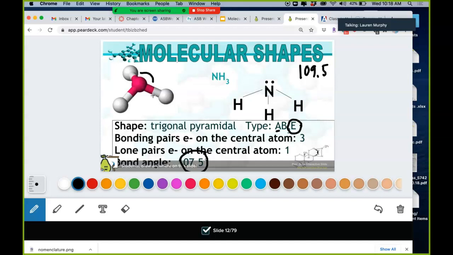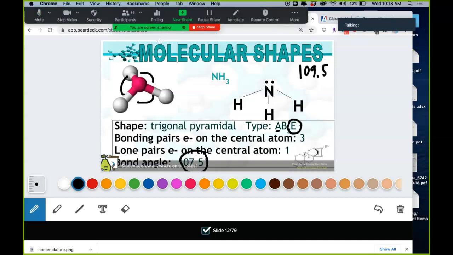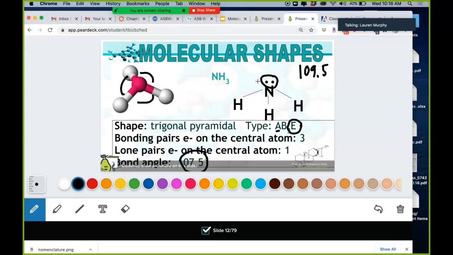So here to here, here to here, here to here is 107.5. And there is a reason for this. So I do want you to note this. Lone pairs of electrons cause slightly more repulsion than bonded pairs, which is why the bond angle shrinks a little bit in the presence of a lone pair instead of a bonded pair.